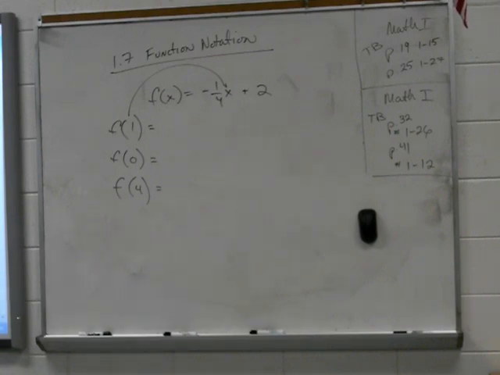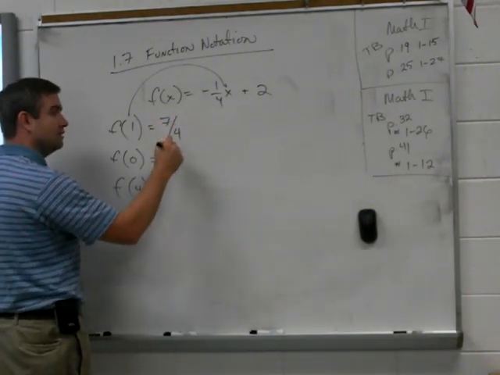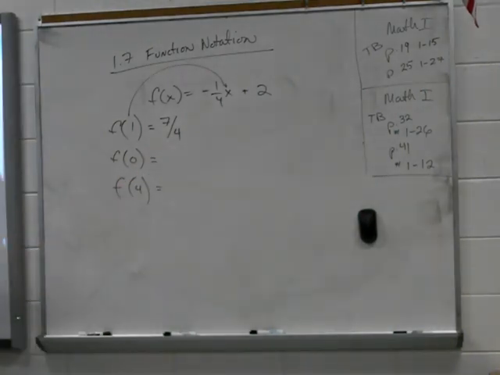Some of you can do it. I would use the fraction button and I would say negative 1/4 times 1 plus 2. Type that in on your calculator and tell me what you get. Positive 7 over 4, is that right? Yeah, so you should not be scared of fractions. You shouldn't see that negative 1/4 and say, oh, I don't know what to do.